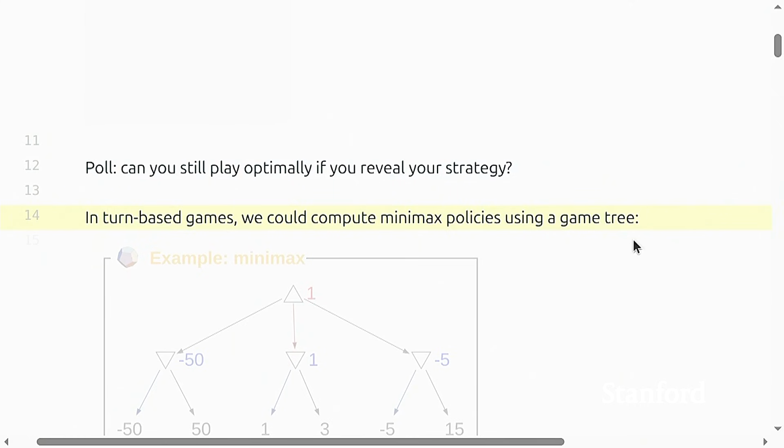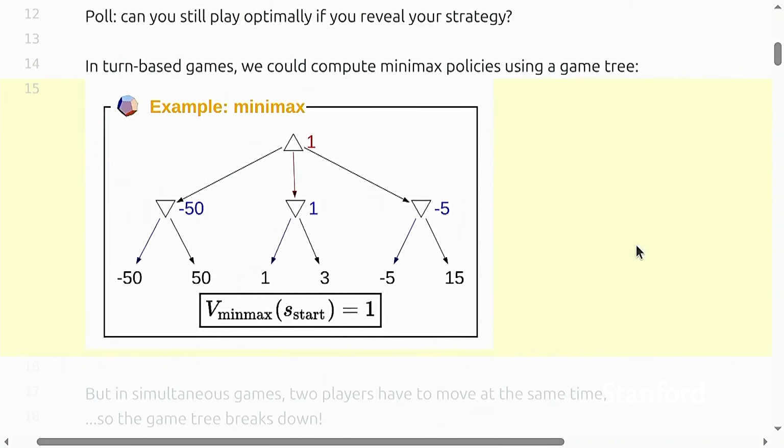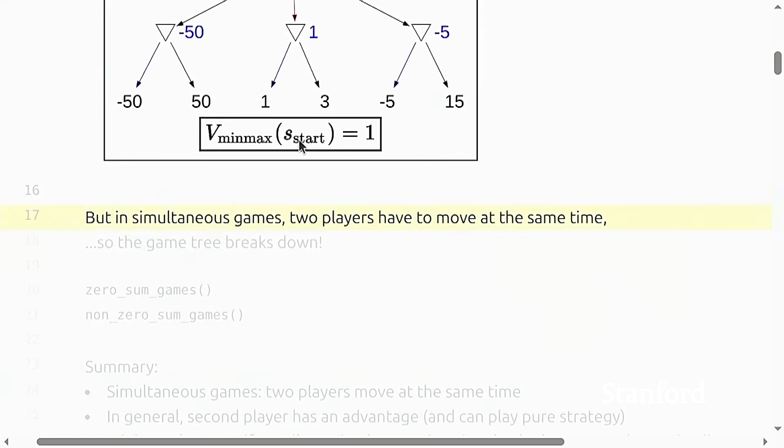So in turn-based games, we have that nailed, right? We just compute the minimax policies using a game tree. And so the game tree naturally models the turn taking, where at each node, only one player is moving. But in simultaneous games, two players have to move at the same time. So we can't use a game tree anymore.